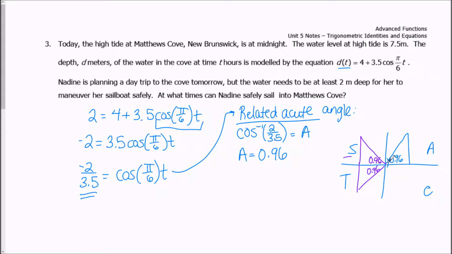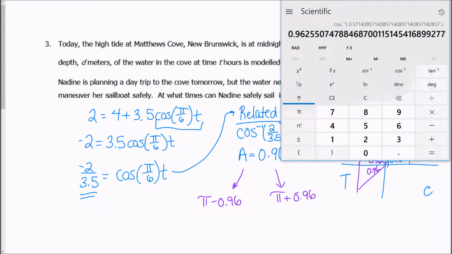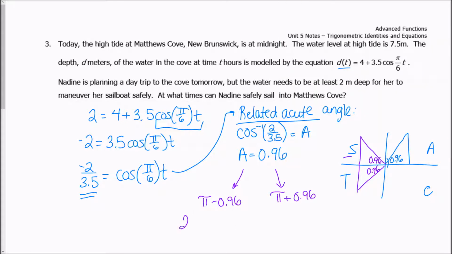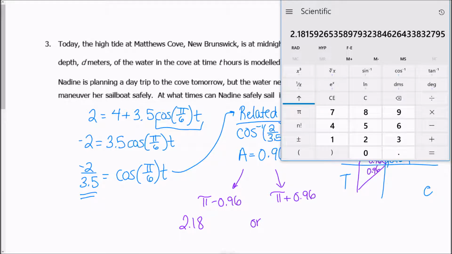So to find my two angles that actually work, the first angle would be pi minus 0.96, and the second angle would be pi plus 0.96. So that means my two angles right here, the first angle would be 2.18, and the other angle would be pi plus 0.96, so 4.10.